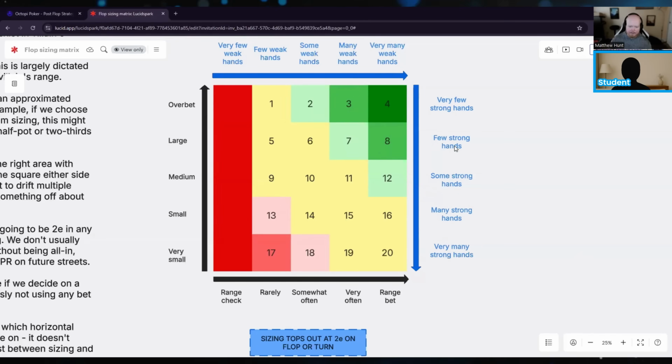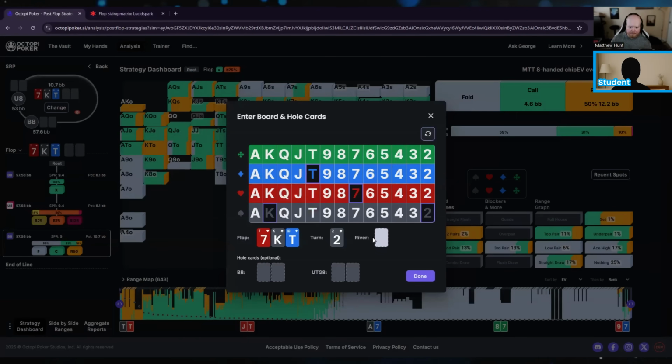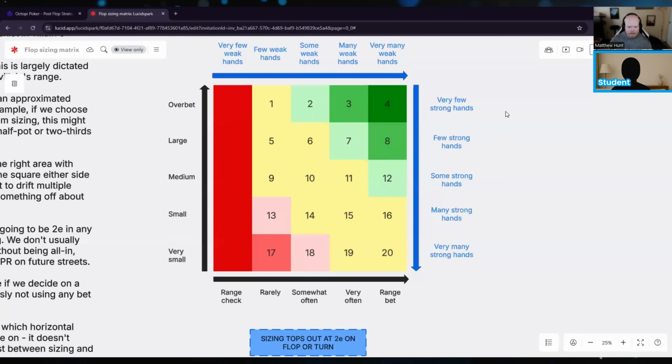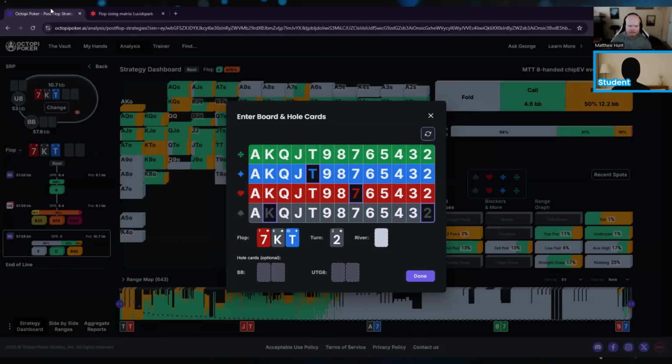They don't really have very much that's capable of playing for stacks now because most of their strong stuff would raise flop. So in the end, I think we can probably put them in these top 2 rows, not the lower ones, because they don't really have very many strong hands. Even if they did, let's say they just never raise any 2 pair or sets on the flop, there's just not that many of those hands.